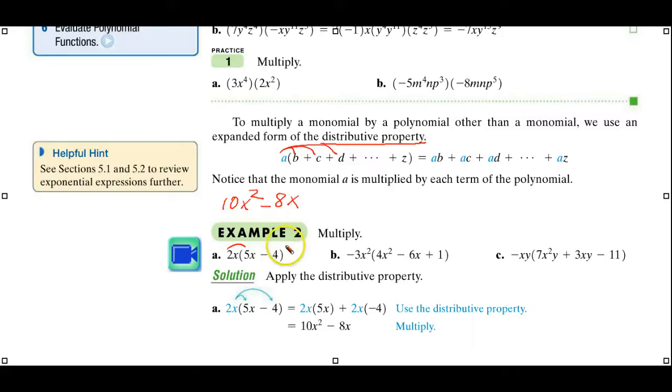Now, one of the things we're going to be doing later in this chapter is seeing something like this, where we want to factor out the greatest common factor. And notice you could take a 2x out of each of these terms and get it back to its factored form.